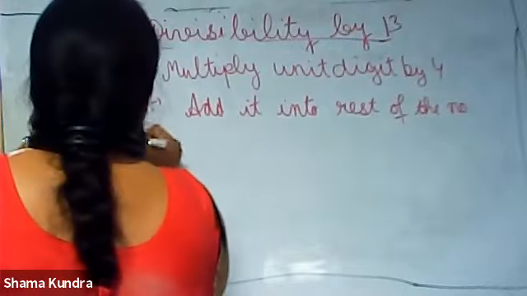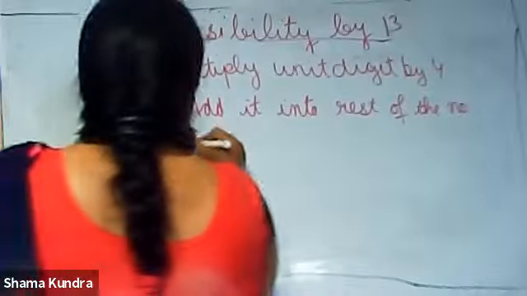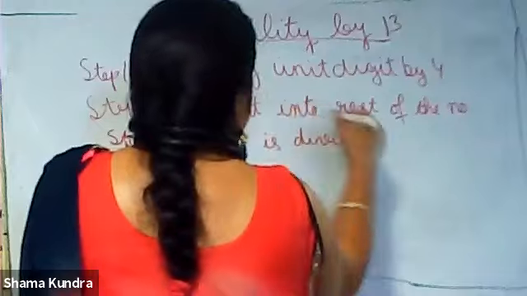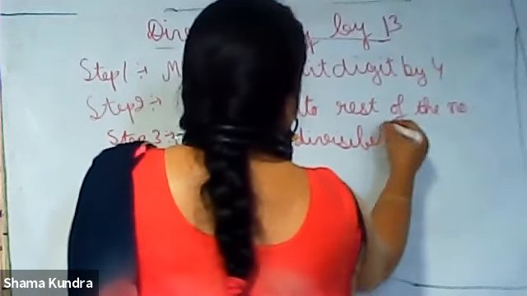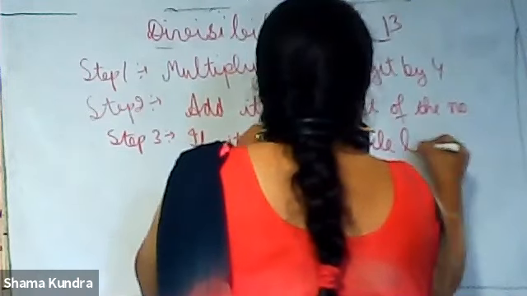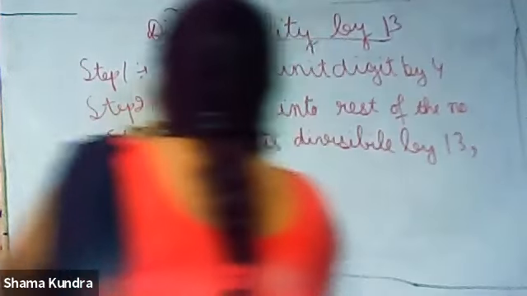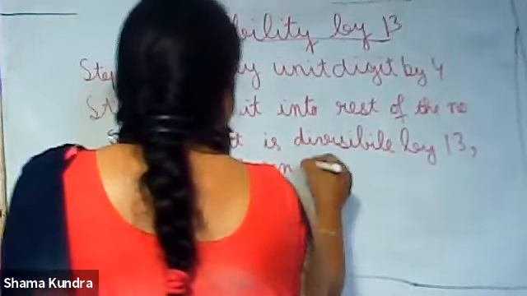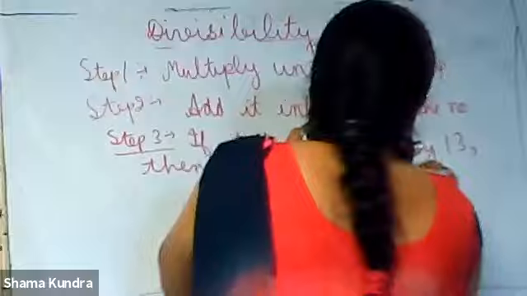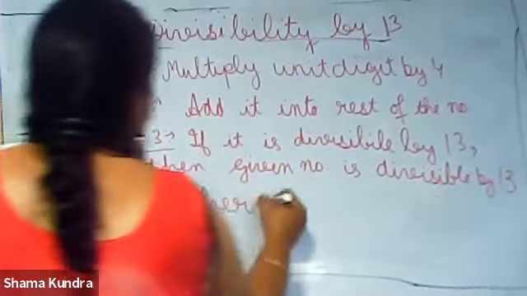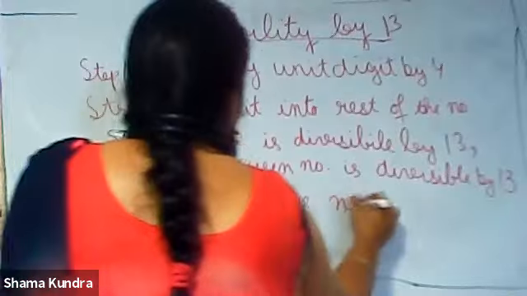Step 3 is, if the resultant is divisible by 13, then the given number is divisible by 13, otherwise not.